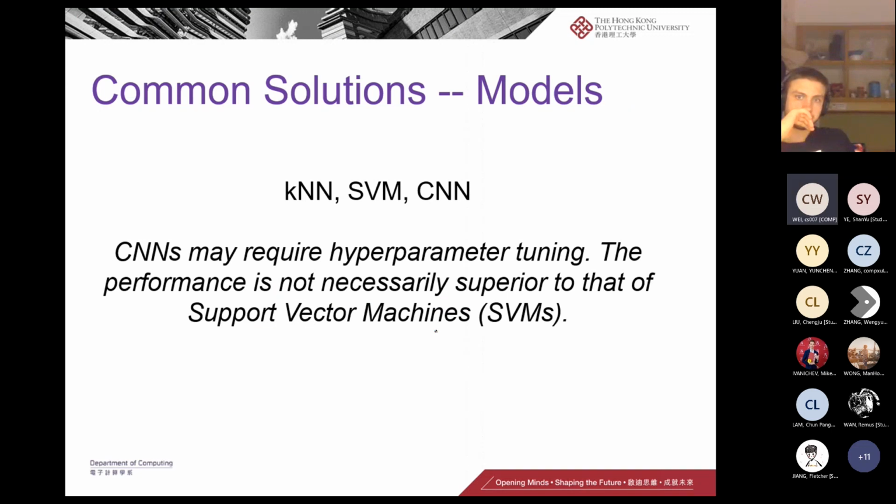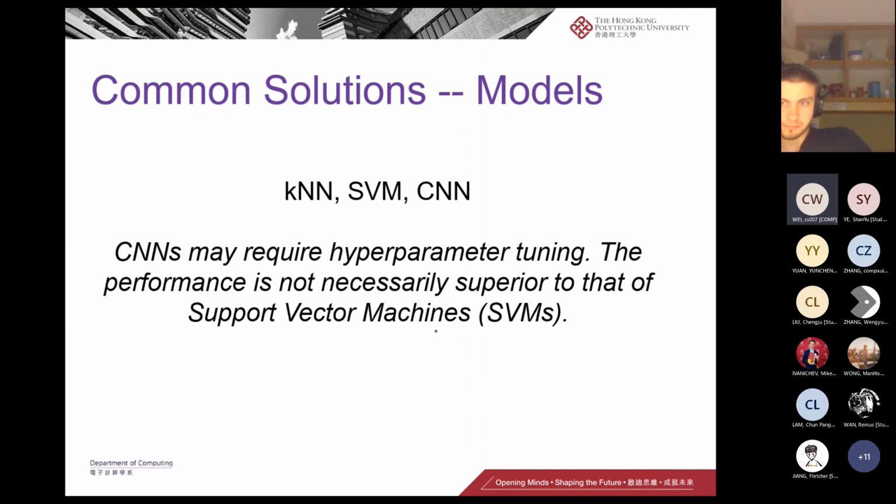So this is another commonly adopted model. Some students tried KNN, some students tried SVM, some students tried CNN. So CNNs are a popular solution among the submissions as well.